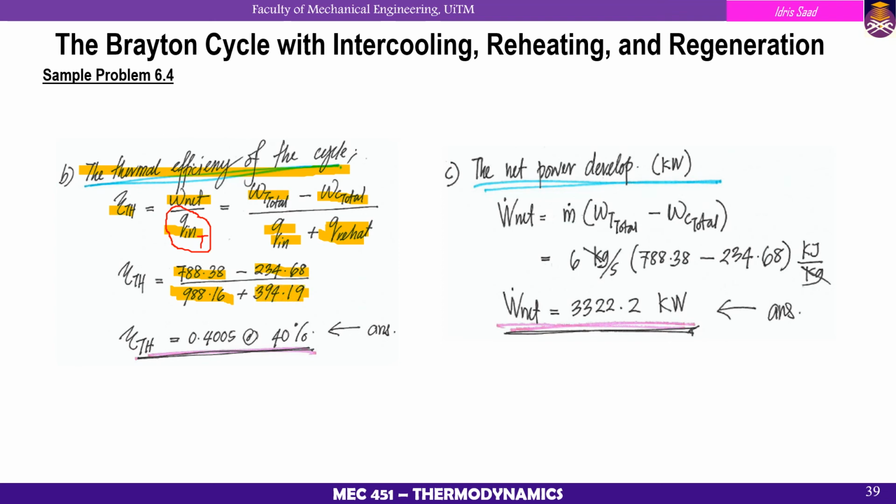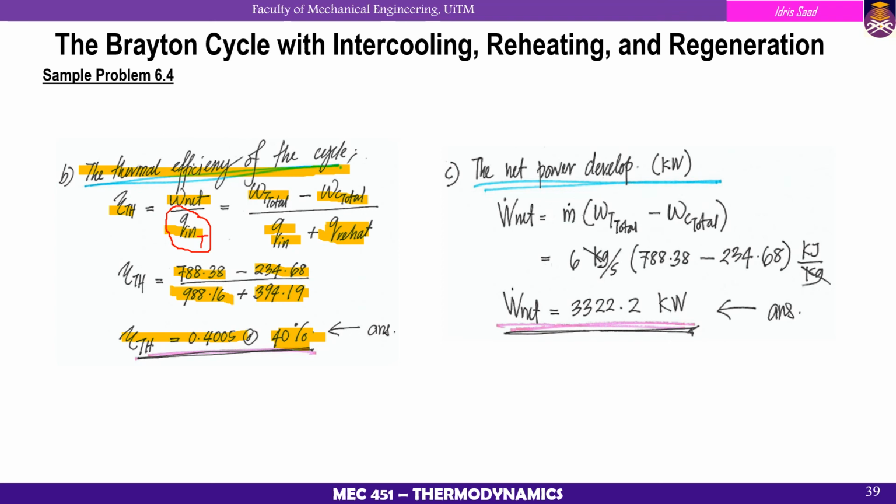When we calculate, we get the thermal efficiency as 0.4005, or in terms of percentage, approximately 40%. So this is how we calculate the Brayton cycle with intercooling, reheating, and regeneration.